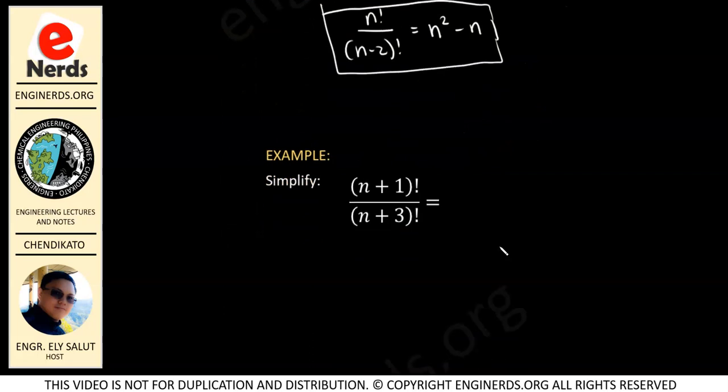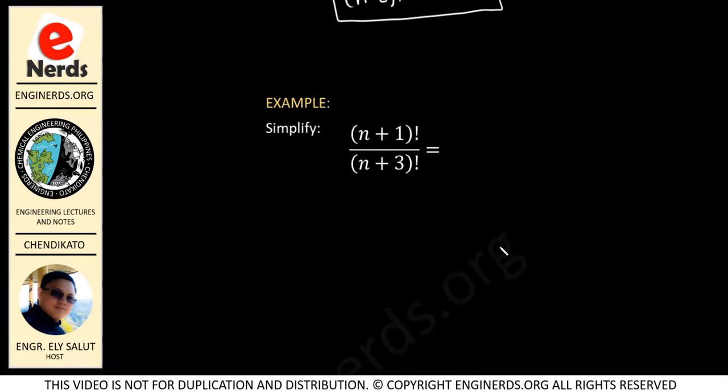Now, moving on to our next sample, we have n plus 1 factorial over n plus 3 factorial. So, here, which one is greater? Is n plus 1 factorial greater or less than n plus 3 factorial? So, in here, n plus 1 factorial is less than n plus 3 factorial. So, we are going to expand this n plus 3 factorial.